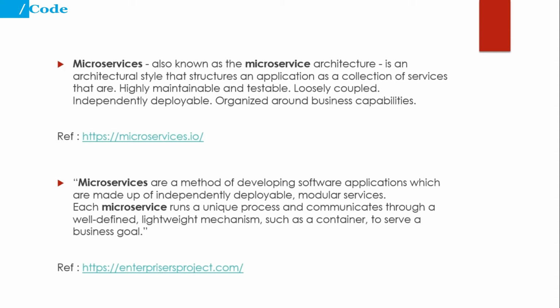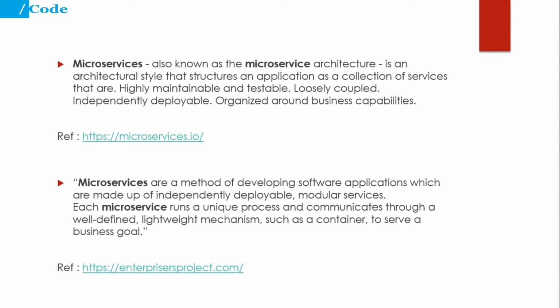I have come with multiple examples of microservices. The first one: microservices, also known as the microservice architecture, is an architectural style that structures an application as a collection of services. So we have multiple services which together make one application.